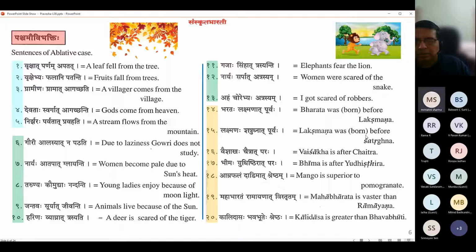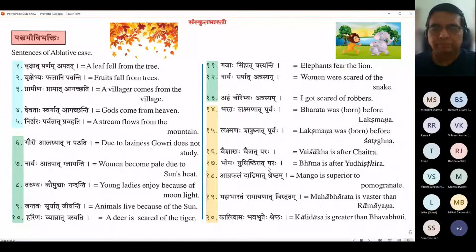Lakshmana was born before Shatrughna. Vaishakaha Chaitrat Paraha. Vaishaka is after Chaitra. Bhimaha Yudhishtirat Paraha. Bhima is after Yudhishthira.